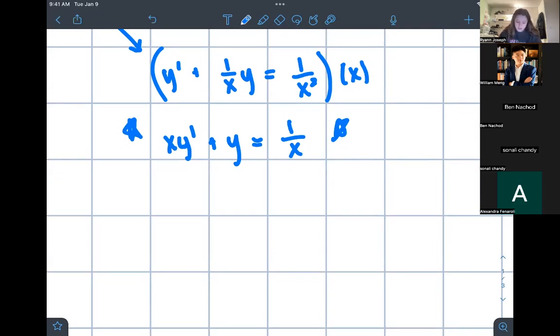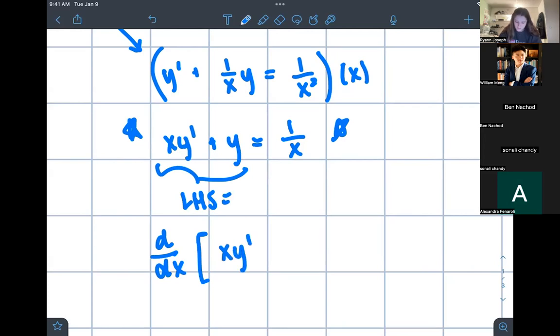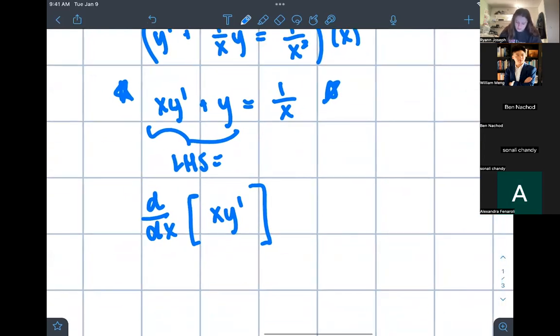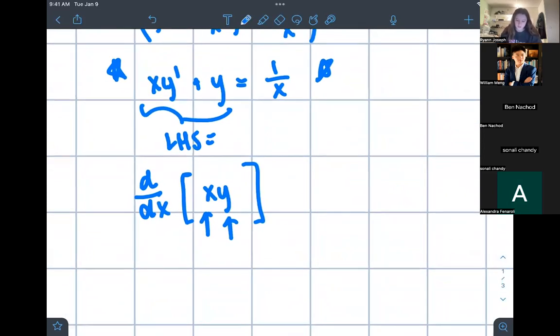This whole left-hand side becomes d dx of x times y. So it is the integration factor times y. If we want to check this out, I'm just going to do the derivative, like the derivative of both.